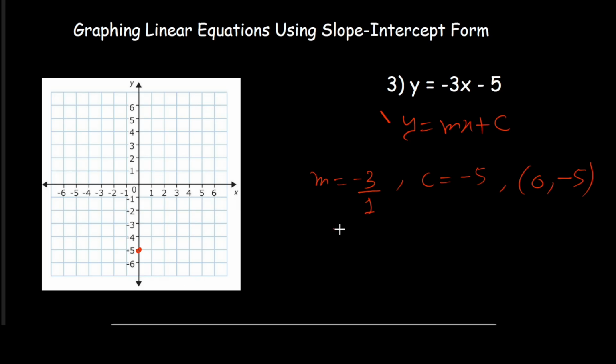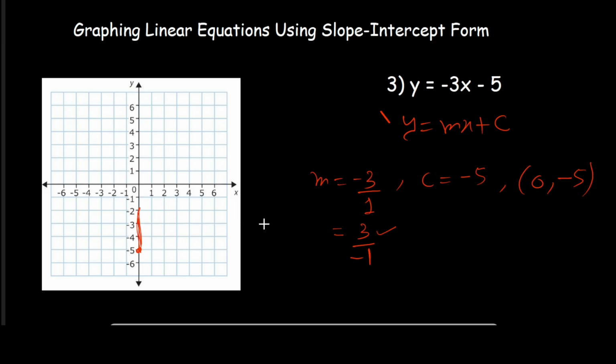So we can rewrite it like this, 3 over negative 1. It does not change the value of the fraction. These two fractions are equal. So here we have rise 3 units. So we have to go 3 units upside from this point, which means we reach this 2.